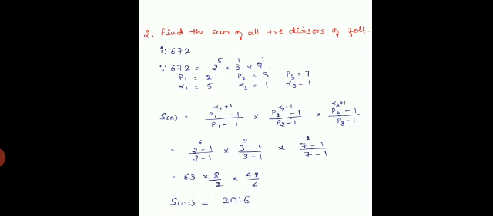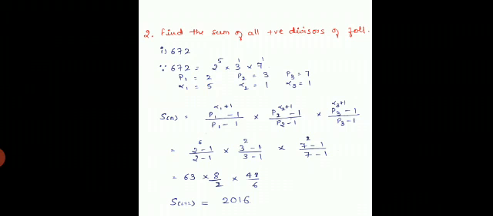Now compare this with our formula, that is P1 is equal to 2, alpha 1 is equal to 5, P2 is 3, alpha 2 is equal to 1, P3 is 7, alpha 3 is equal to 1. Now they ask you to find only the sum of all positive divisors.